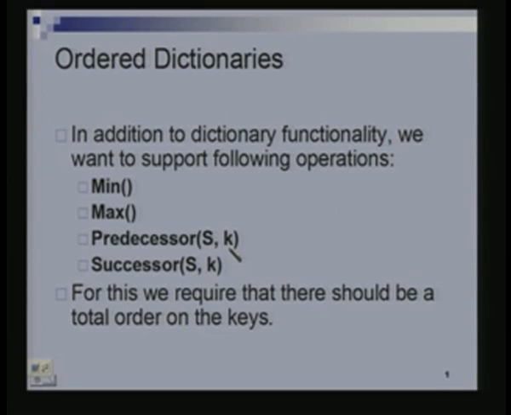Exactly, keys are the particular field or the part of data on which the things are ordered. So, there is a total order on the keys. Similarly, the successor function.